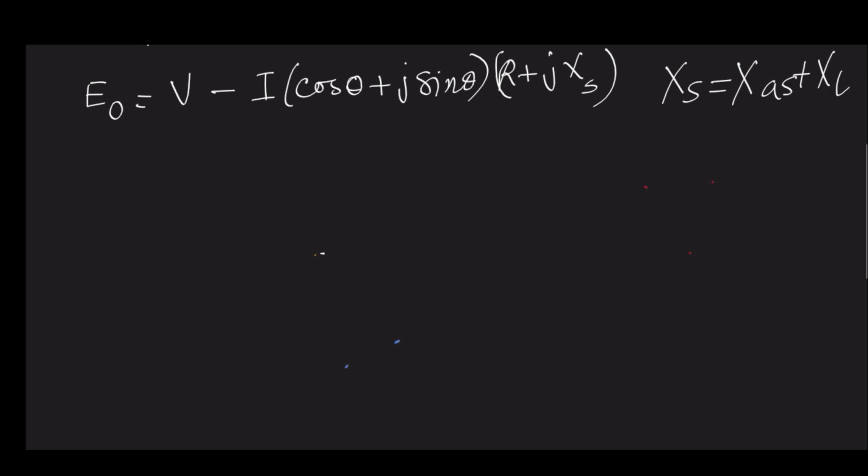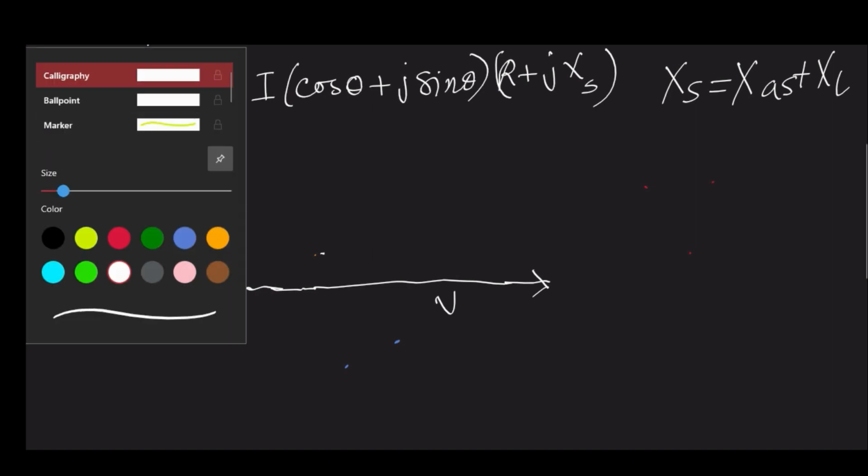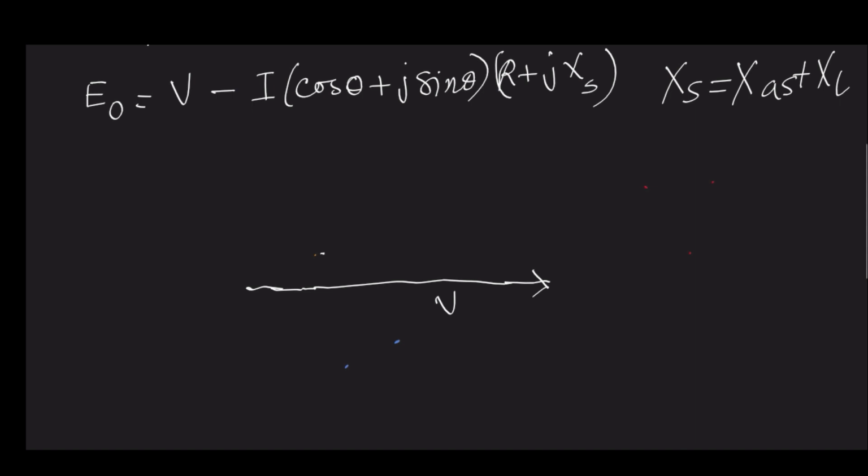Now without doing much mathematics, let us try to draw a rough freehand phasor diagram, at least logically coherent with what we have discussed. So this is I. Now let us draw minus IR. What about your minus jXIXA?